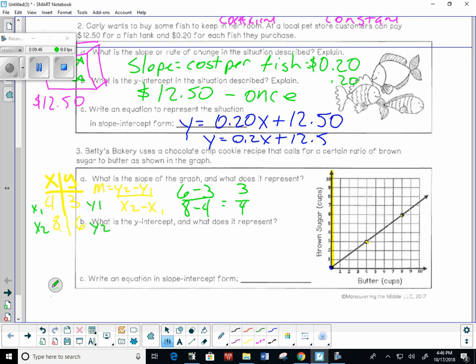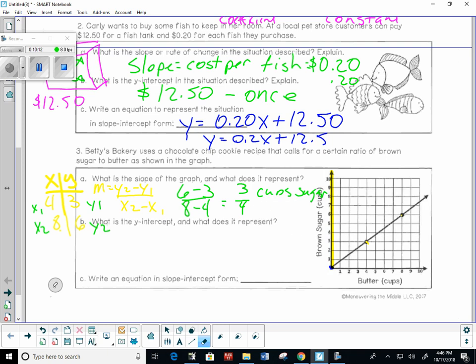Okay. So what does 3 represent? It's going to be cups, and this is going to be butter. So it represents 3 cups of sugar to 4 cups of butter.